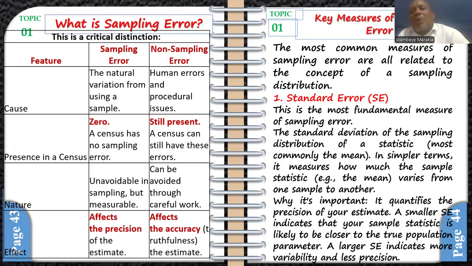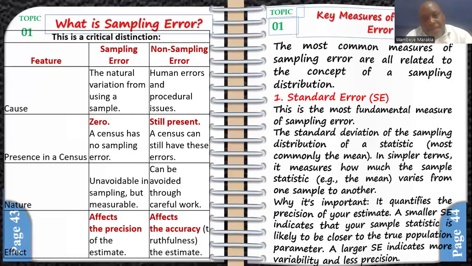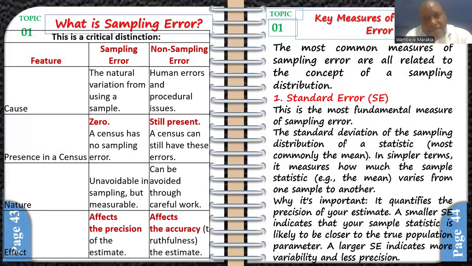What are the most common measures of sampling error? The first common measure of sampling error is called standard error, SE. This is the most fundamental measure of sampling error. It is the standard deviation of the sampling distribution of a statistic.